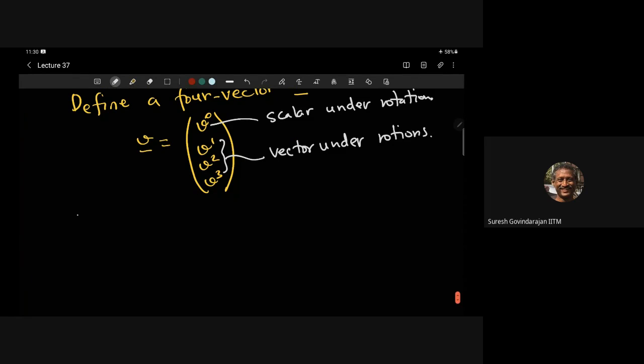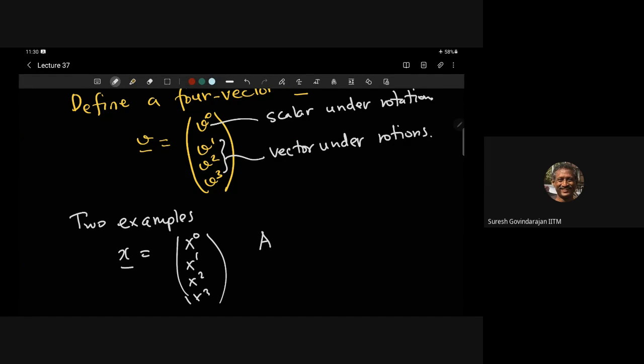Two examples: the X 4 vector, I'm just putting an underline to tell you, is x0, x1, x2, x3. And similarly, I'll write the A 4 vector. The first entry should be a scalar under rotation, and the next three entries should be A1, A2, and A3.